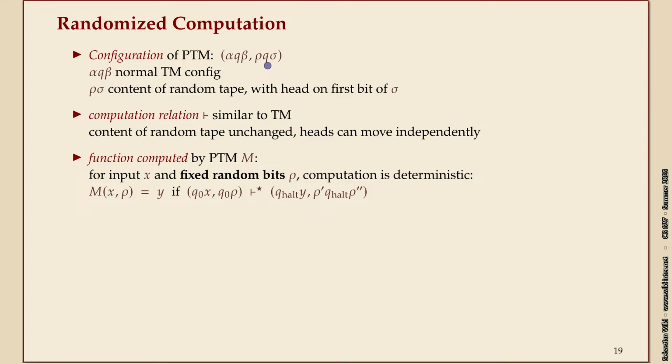Now we have a second tape, so we have a second component in the configuration. It's just a pair of those things. And the second component works exactly the same, except that now these rho and sigma together are the content of the red tape, of the random bit tape. Then we can define this computation relation, where it really is a function here because it's deterministic, in almost the same way as we had back then.